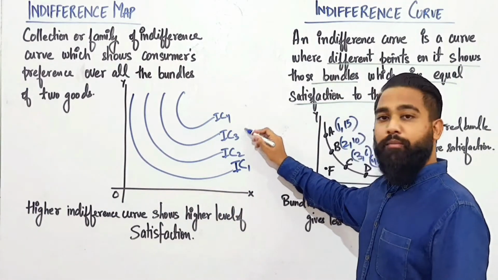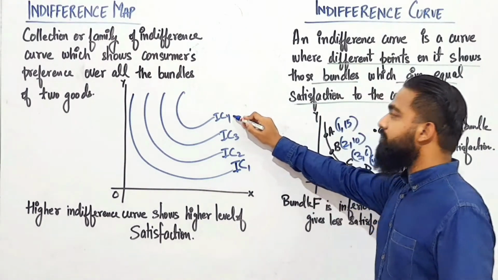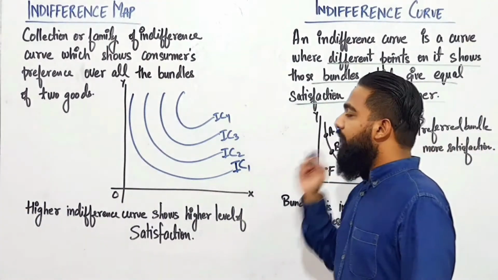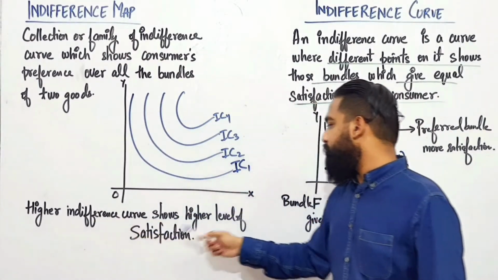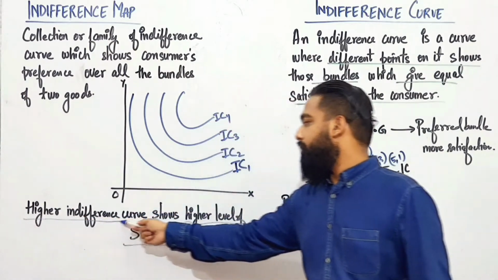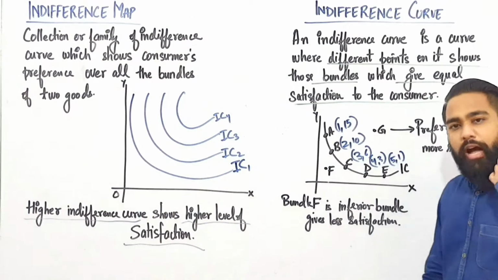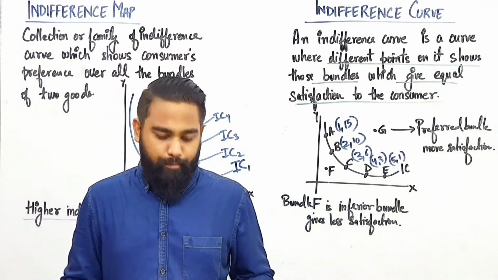IC curve 3 is giving more level of satisfaction than IC curve 2. And IC curve 4 is giving more level of satisfaction than IC curve 3. So higher indifference curve shows higher level of satisfaction. So this is your indifference map.